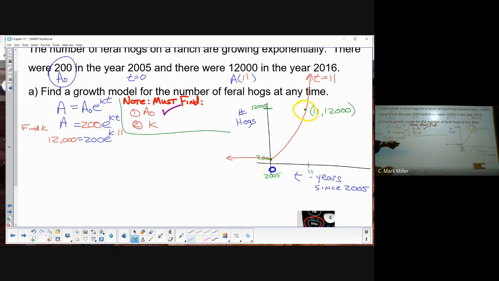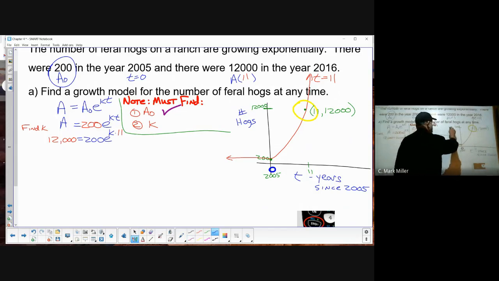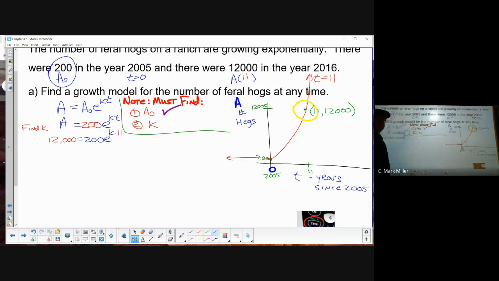That is what that point says: when the independent variable t is 11, the dependent variable A should be 12,000.